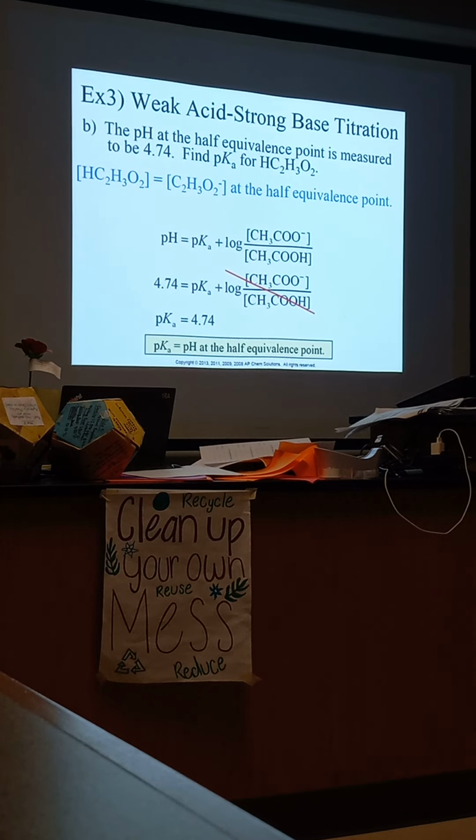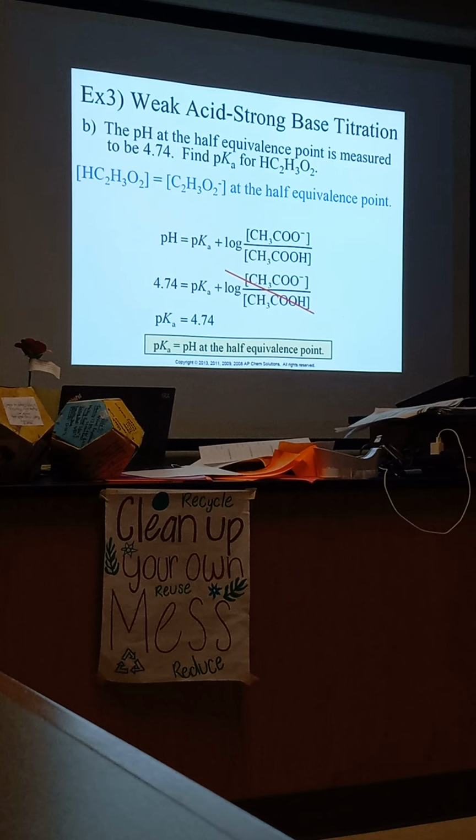I'm paying attention to you, but the video that I'm watching says the half equivalence point is where the number of moles of the conjugate base is equal to the number of moles of the conjugate acid. Correct. And that's because we want these two to be the same, and then they cross out and the log of 1 is zero. Could I just use that logic and not do this?